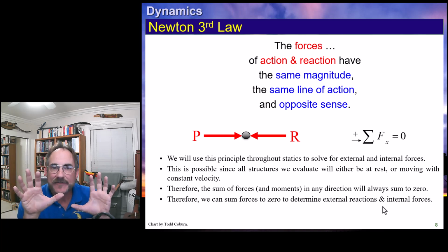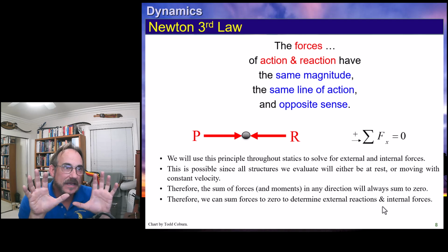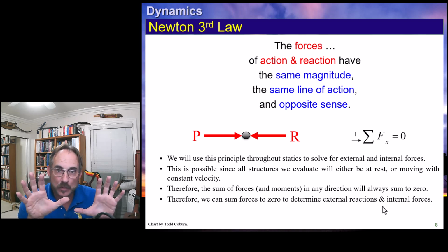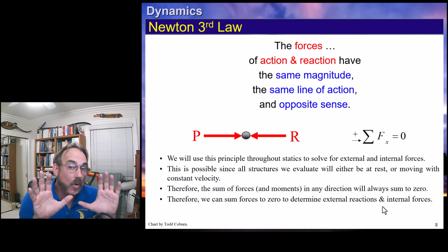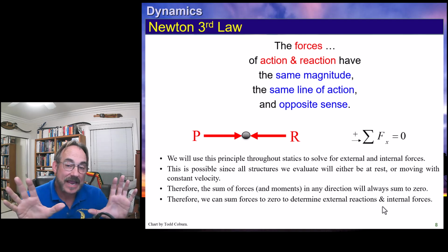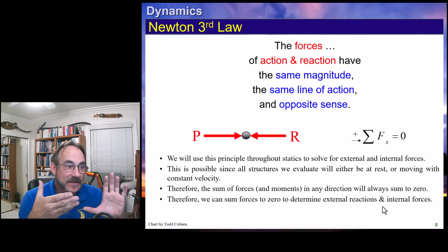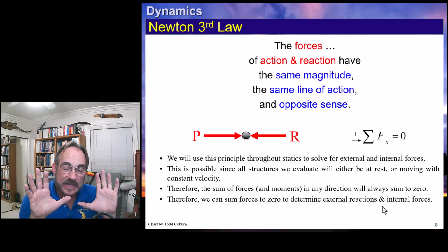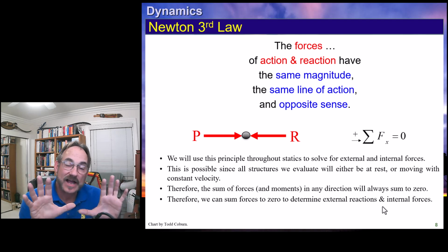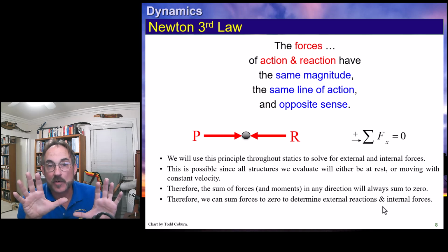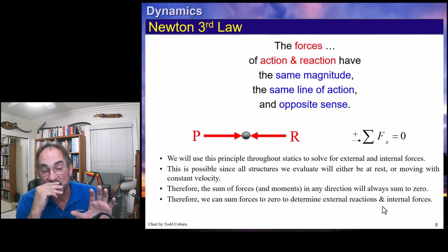Because we have to have equilibrium, summing of forces has to be equal to zero, or they're going to equal ma, and when we account for that ma, they're back to zero, and we can use this to solve all kinds of things. We're going to be using this over and over again as we move forward. Okay?